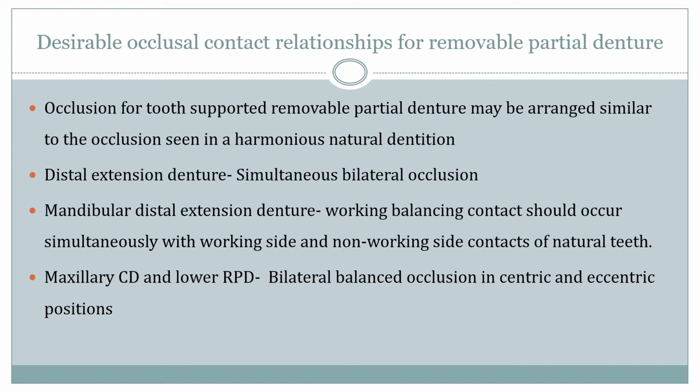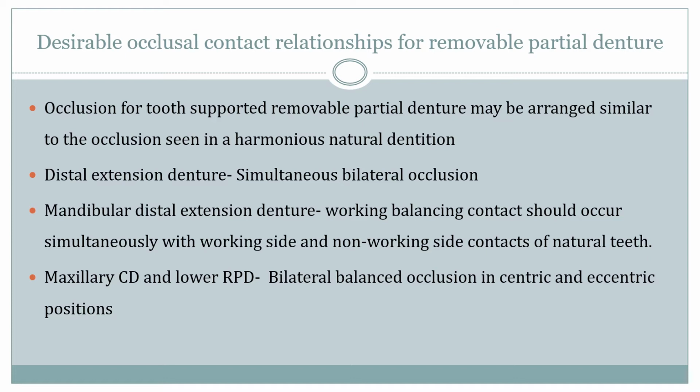For example, if it is a distal extension denture, and distal extension on both sides, bilateral simultaneous contact should be present. If it is a mandibular distal extension, here I would like to speak about working side contacts and non-working side contacts, that is the balancing side, non-balancing side. Suppose imagine you are moving your jaw onto your right hand side.